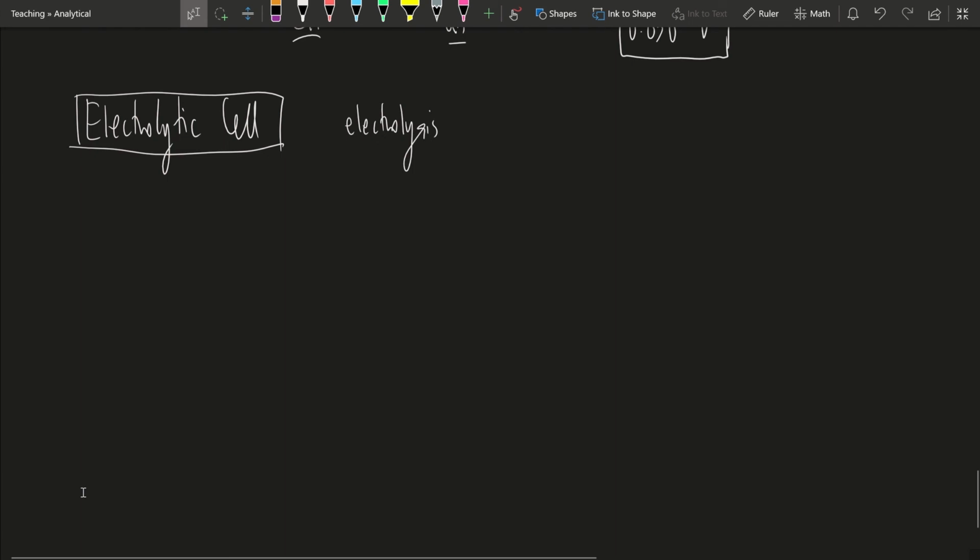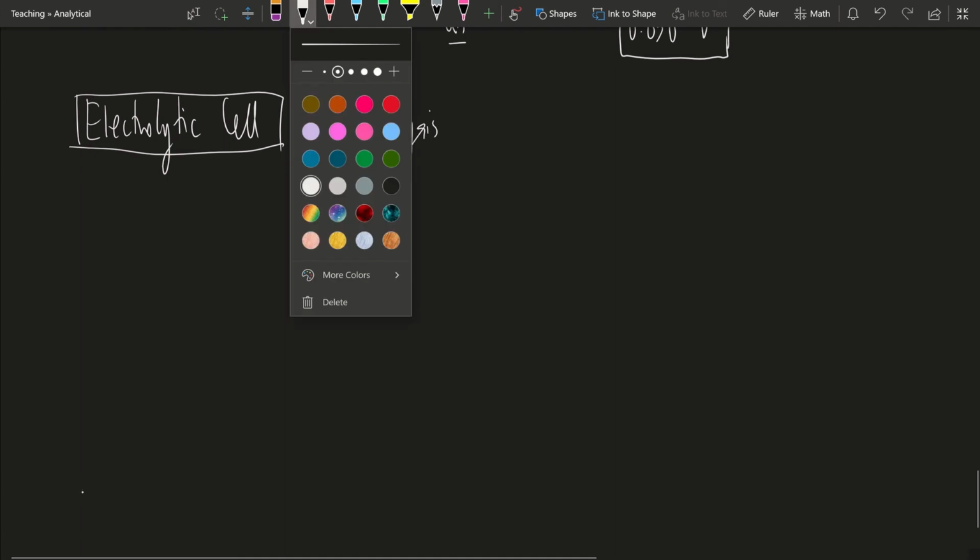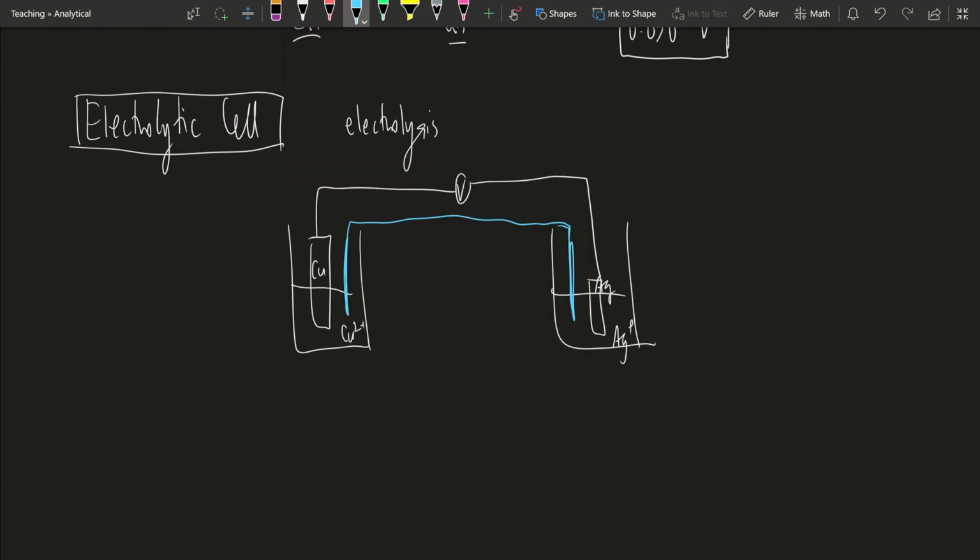So just to make it simpler, we can draw it again, right? Usually the electron flows in this direction. And we already know that the cell voltage is 0.46 volt. If we want to flip the reaction, it means that instead of the voltmeter, I'm just going to put something else, which is the battery.